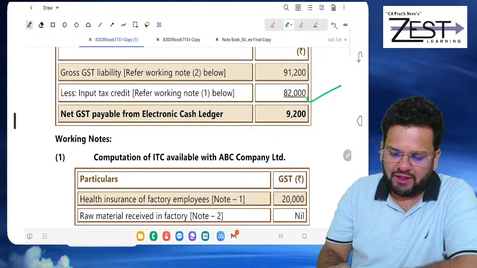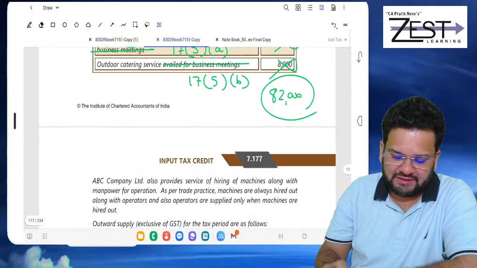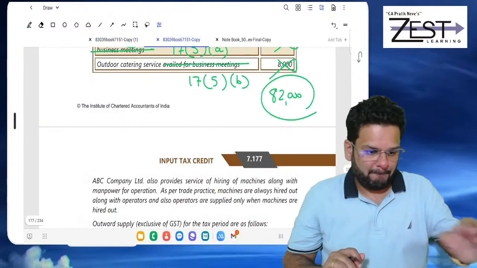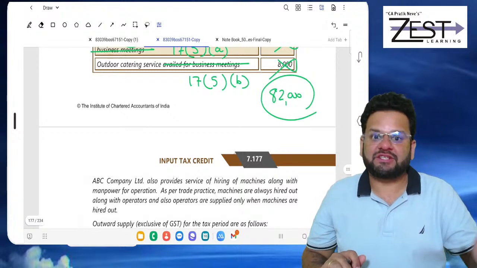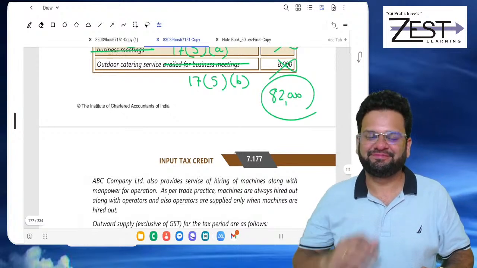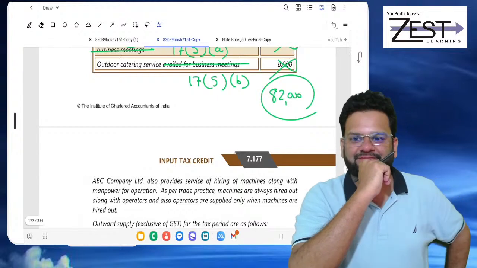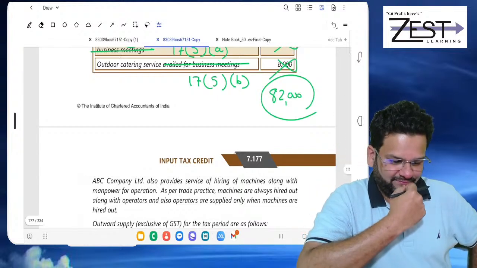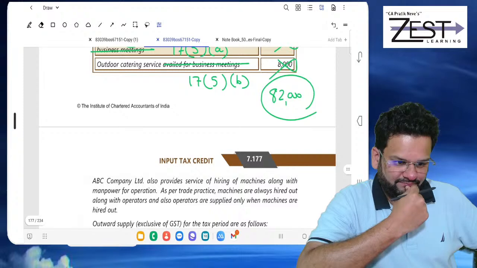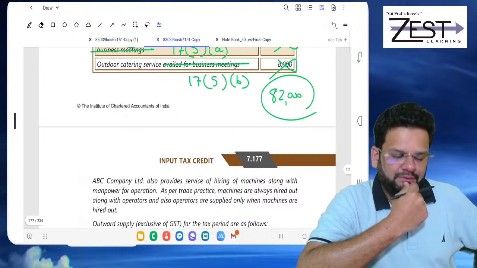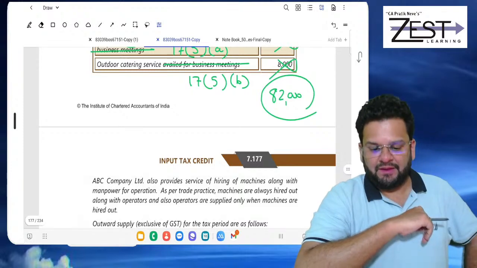Shall we go ahead and check the output tax? Waiting for your replies, Ashima ji. Yes.